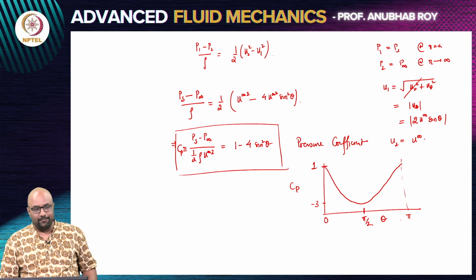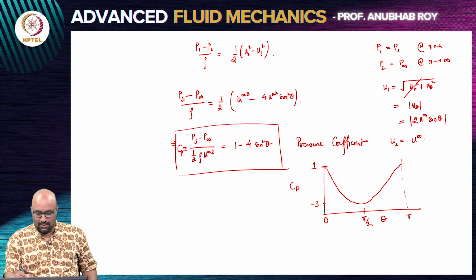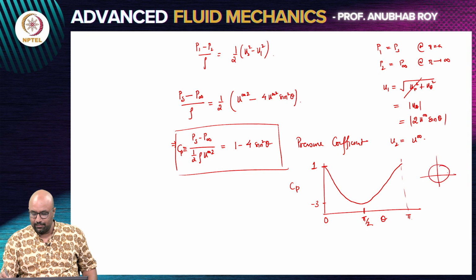Now, you can see that theta equals 0 will lead to your pressure dropping as you go towards pi by 2. If you are moving along theta, your pressure decreases and then it starts to increase again.